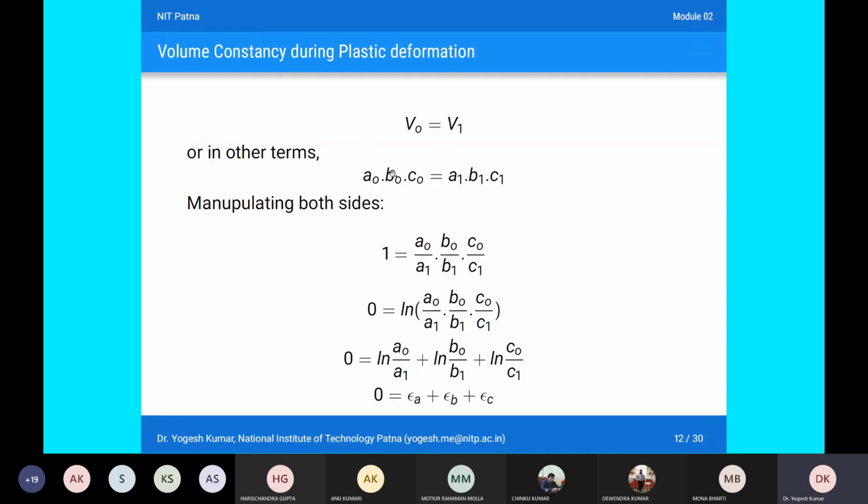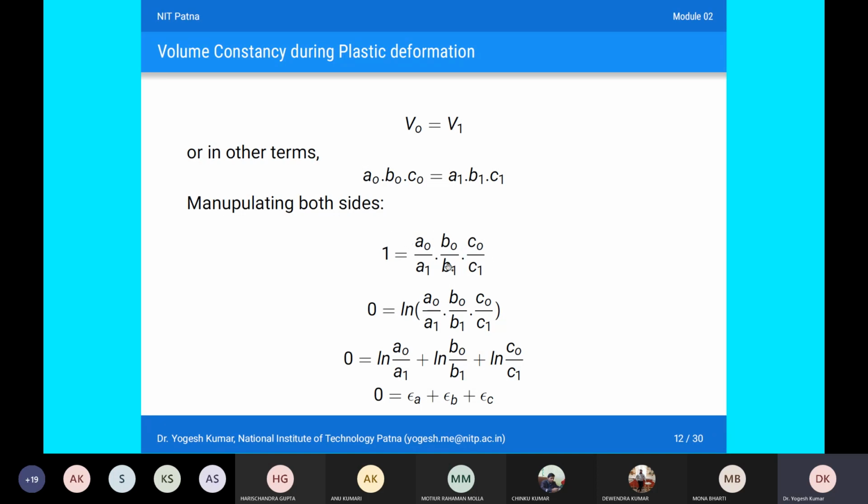Take it to one side, you will get 1 is equal to A0 upon A1, B0 upon B1, C0 upon C1. Sorry, by mistake I have written the A1 B1 C1. It should be on the upper side.